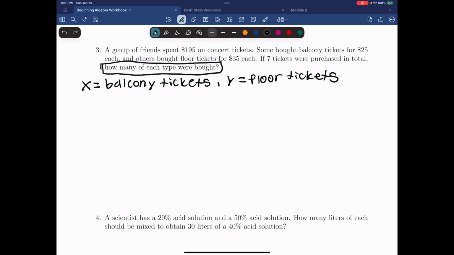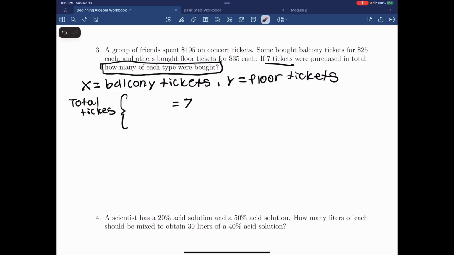And for our first equation, I'm going to write the first equation to represent the total tickets. And we know that there's 7 tickets in total. So we're going to set our first equation equal to 7. And we know that all the tickets added together, the balcony and floor tickets, has to equal 7, right? So this first equation is simply just going to be x plus y equals 7.